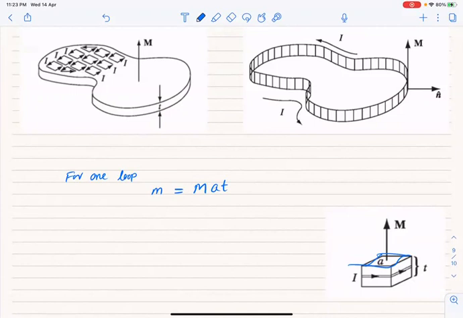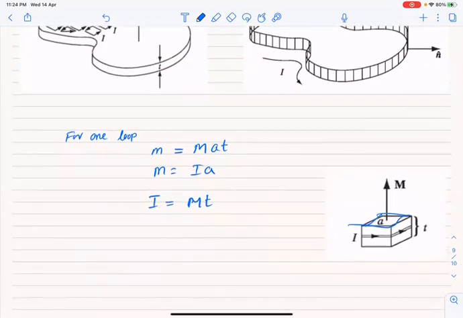But there is a current I circulating in this loop, which means in terms of current I can write the same m as I multiplied by A, the current into area, right? That's very simple. Comparing these two, I is nothing but capital M times T. T is your thickness.